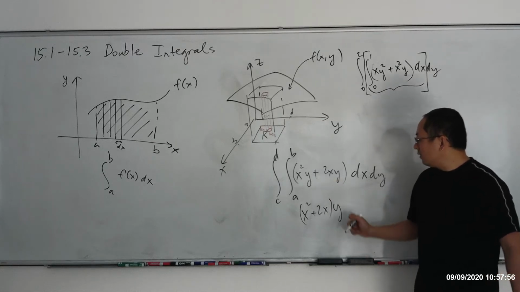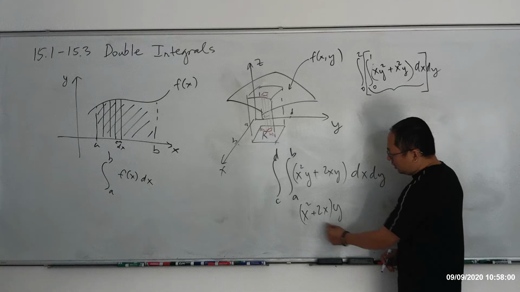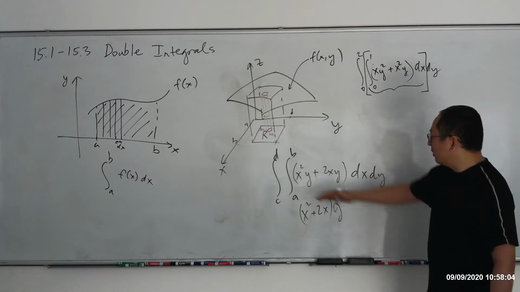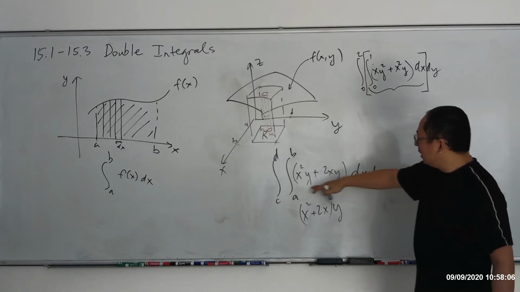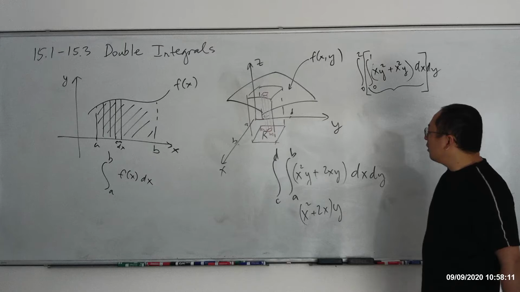You see what I've done? I just factored out the y, right? All the things in parentheses are x terms, and the thing outside the parentheses is the y term. That's another way you can separate the two-variable function: it becomes the product of two single-variable functions.